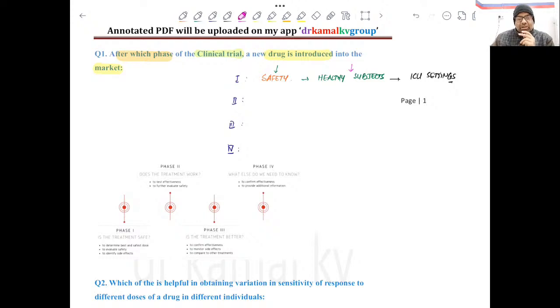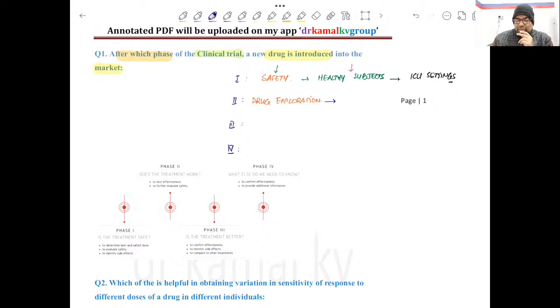Now once we are sure that there is no safety issue, then we move on to phase 2. Now in phase 2 we do drug exploration. Here we will study what amount of dose has to be given, in what dosage the drug has to be given, right?